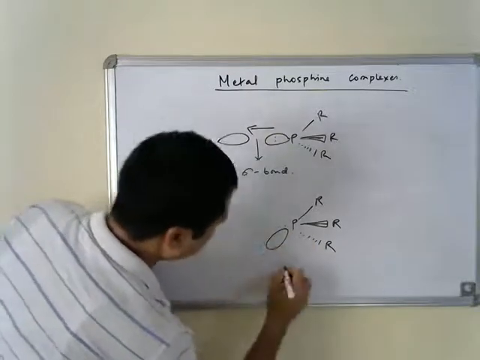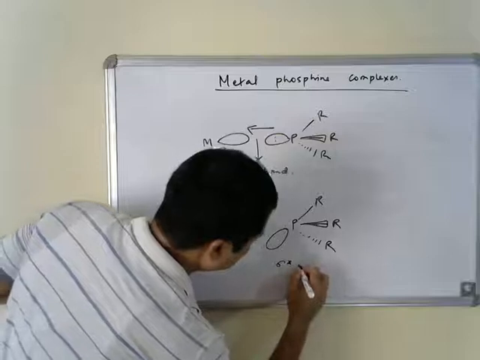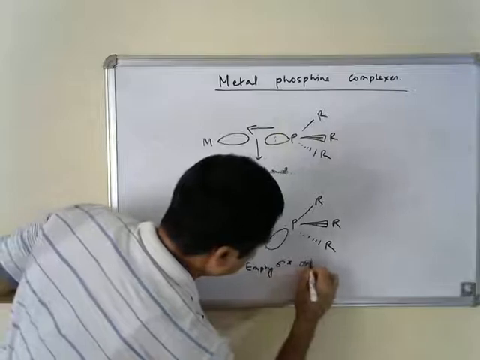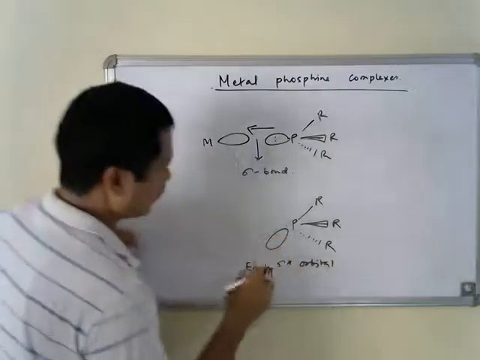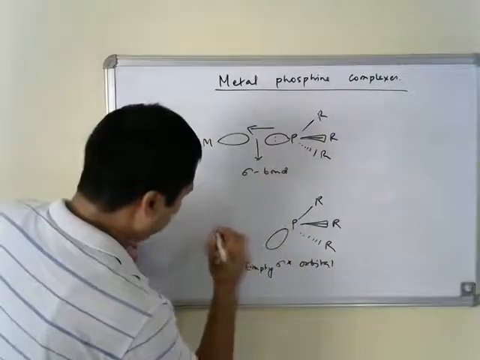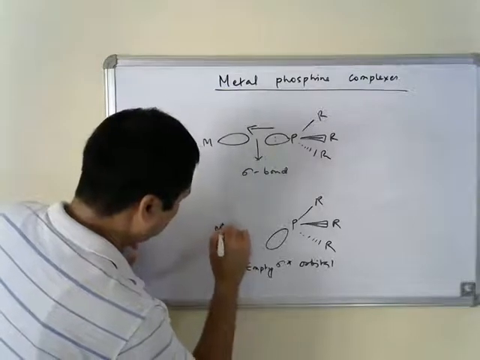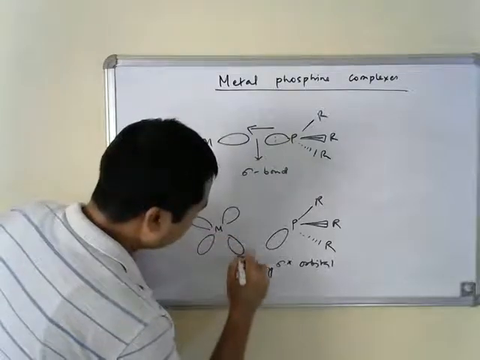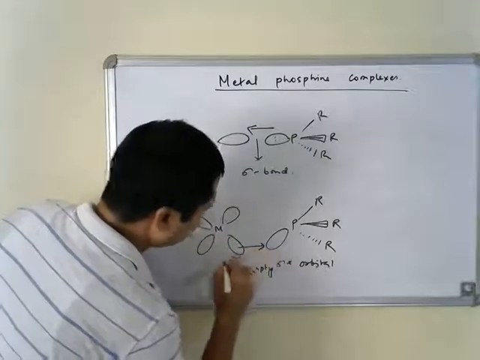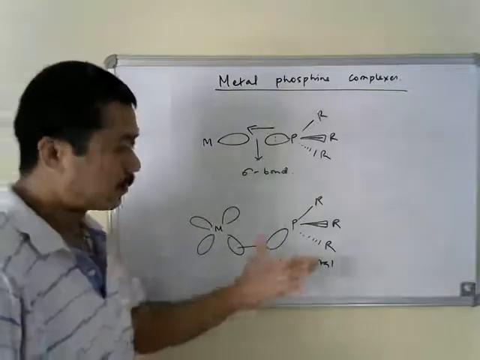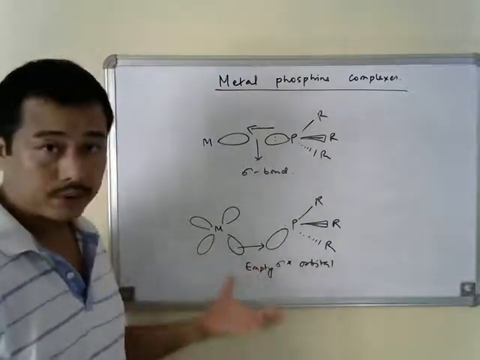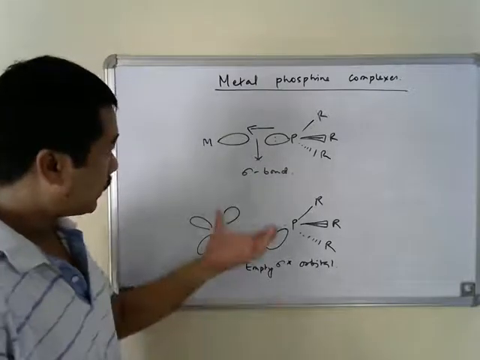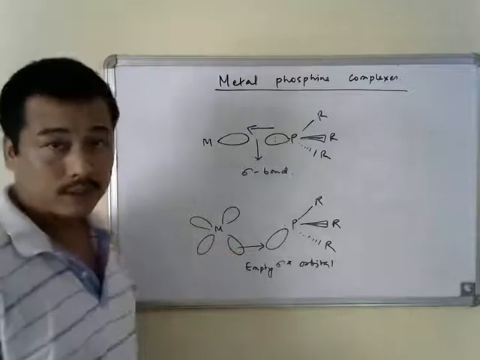It is an empty sigma star orbital on phosphorus of the phosphine ligand, and filled metal orbitals can now donate electrons to this sigma star orbital of the phosphine ligand, and that is how the phosphine ligand essentially acts as a pi acceptor ligand, and it forms the metal to phosphorus bond.